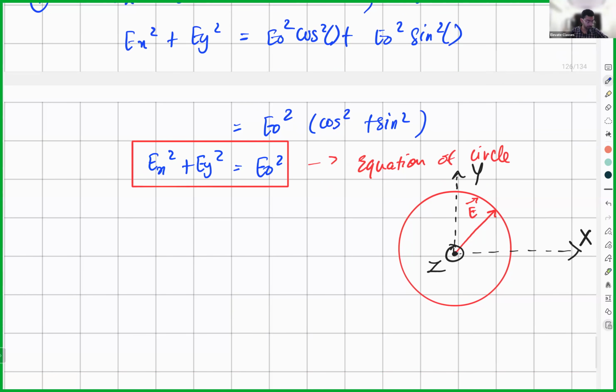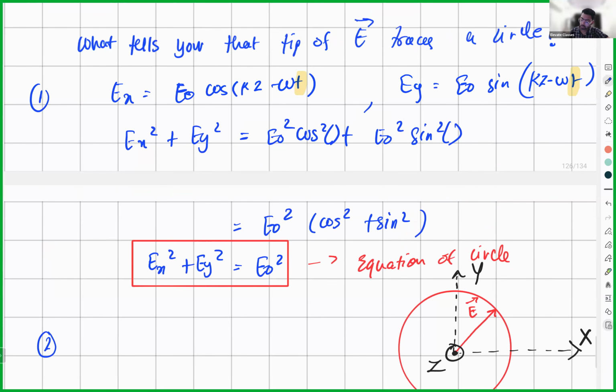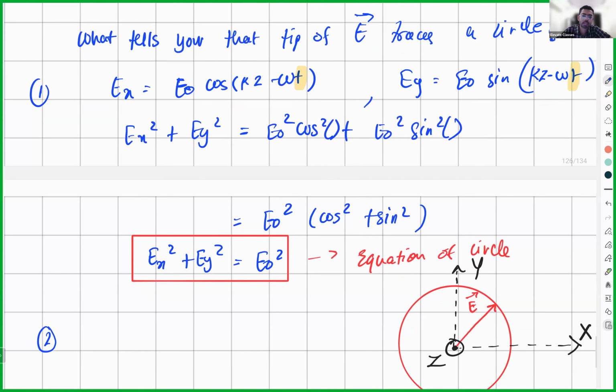Method 2 is also there. What tells you that the tip of the electric field traces a circle? For this, you can find out theta x.